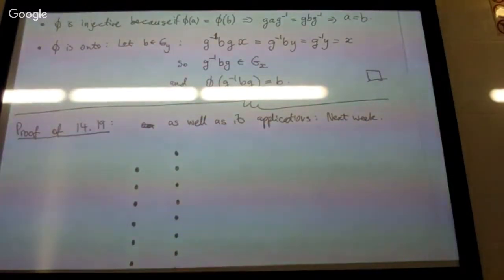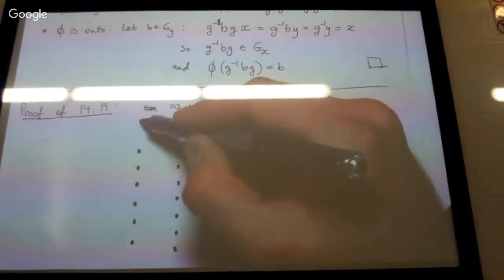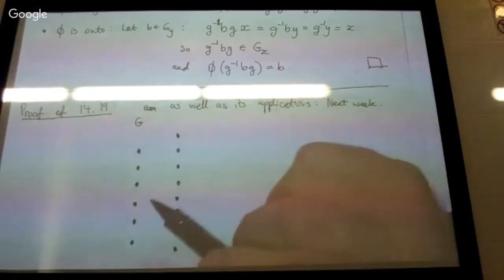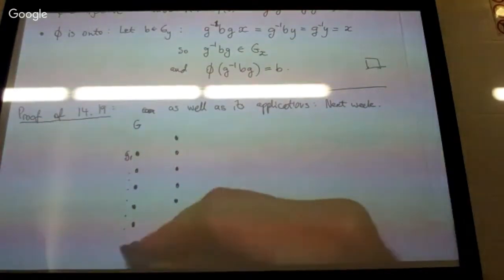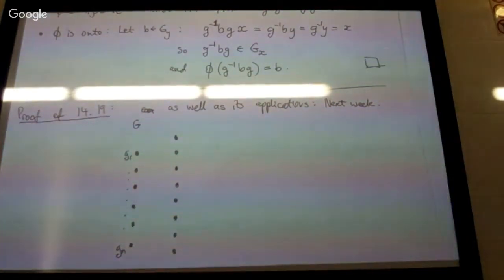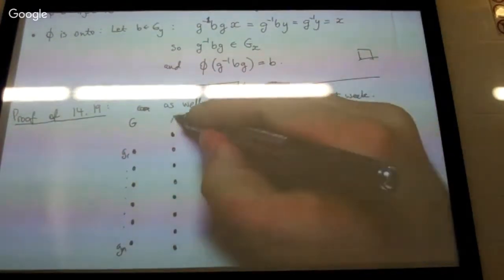So all we're doing is proving the orbit counting lemma. Okay, so I'm creating a graph. It has two parts. On one side, I put all the elements of the group G, G1, and so on. These are the vertices, or nodes. And on the other side, I put all the x's.